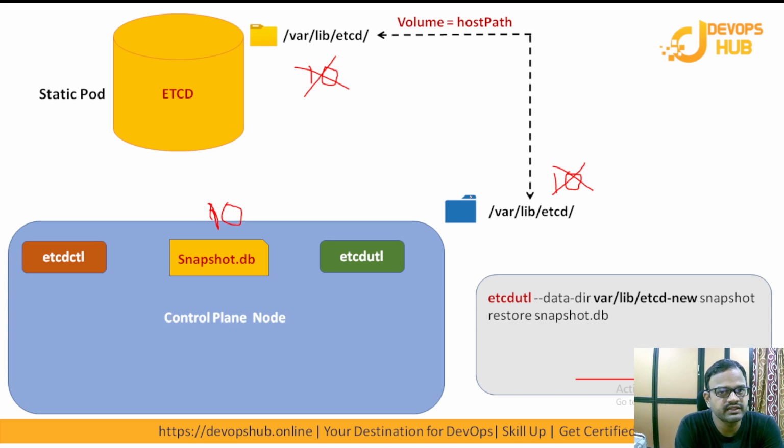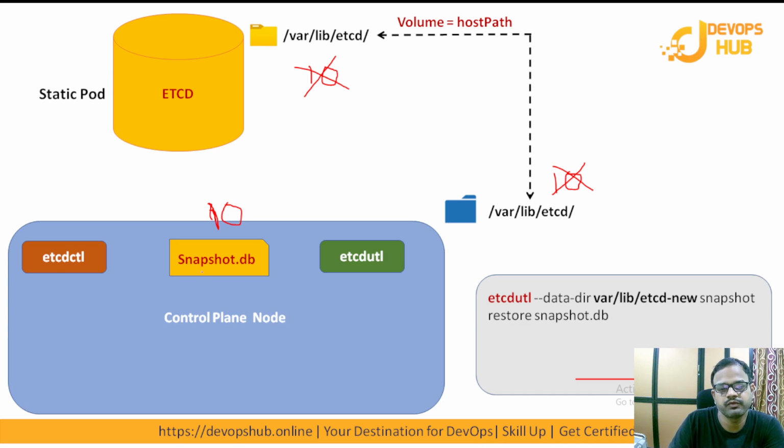If you have observed one thing, we did not give any certificates or keys with this command, because previously we were trying to communicate with the etcd pod from our control plane node. But now we do not need to communicate with any etcd pod, because the snapshot is available locally, in binary format.